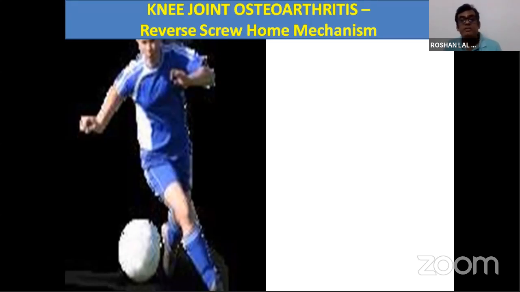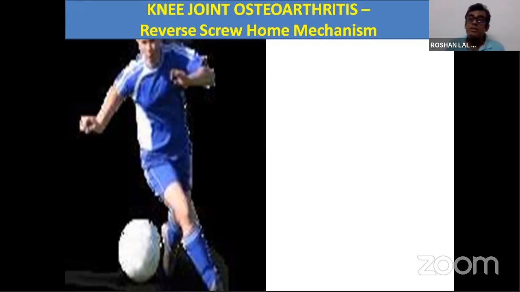But in patients with knee joint osteoarthritis, the screw home mechanism is compromised, because the lateral rotation, which is considered 23 degrees in normal adults, is decreased to 20 degrees or 15 degrees. When this lateral rotation is decreased to 15 degrees, during the terminal extension, the tibia does not rotate externally.